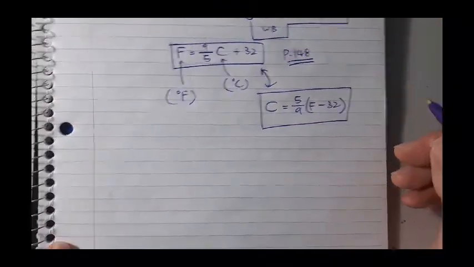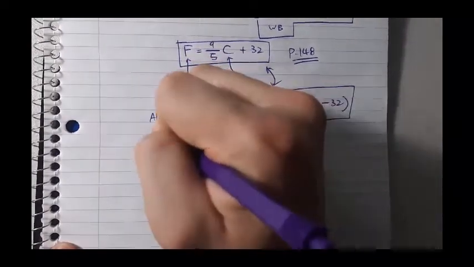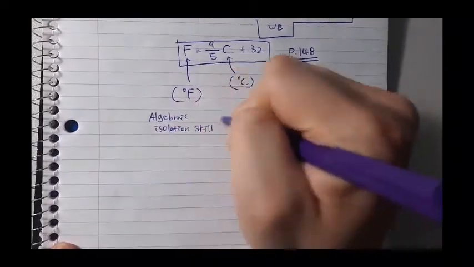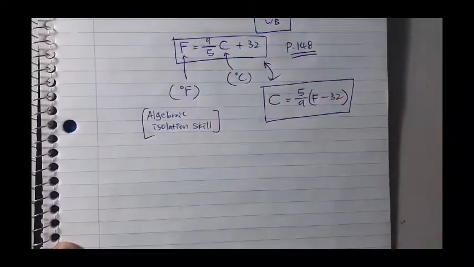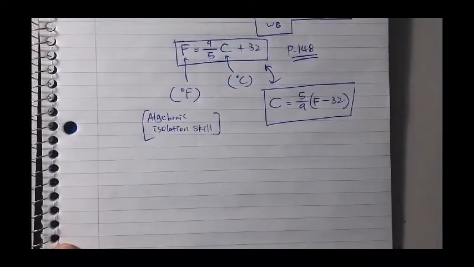So I'm going to use a little bit of algebraic isolation skill today. This is one of the reasons why this temperature unit conversion was not covered in the previous video. Now, let's get this started.